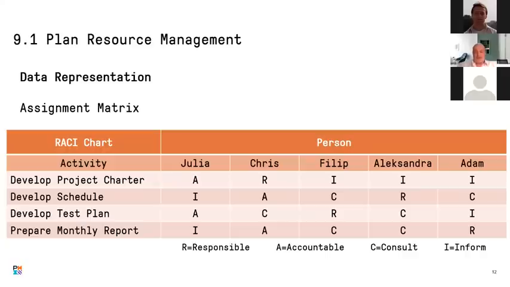Accountable is not only approving, but also being responsible for the correct information inside it. So I'm responsible for preparing the documents, but I give them to my boss to sign. Accountable is like the one who signs the documentation.